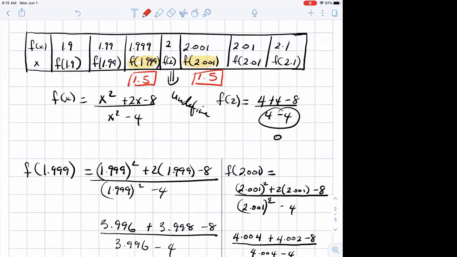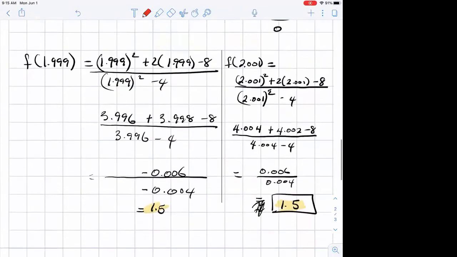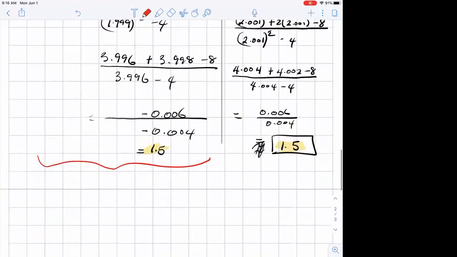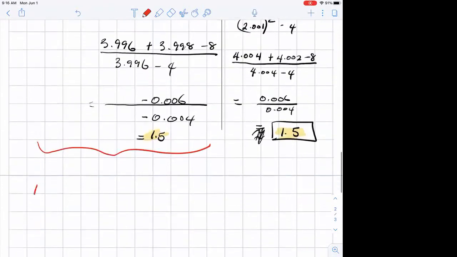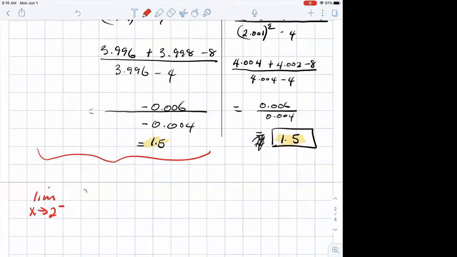Okay. Now keep in mind, I just want to point out to you what you're doing here. What you really did was the limit as x approaches 2 from the left of f of x. And this here is the limit as x approaches 2 from the right of f of x.